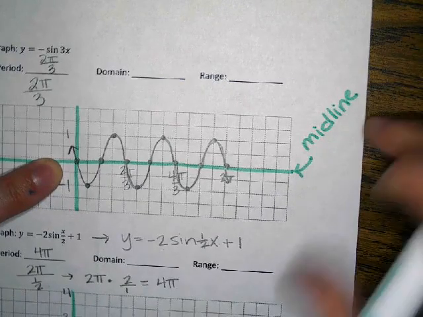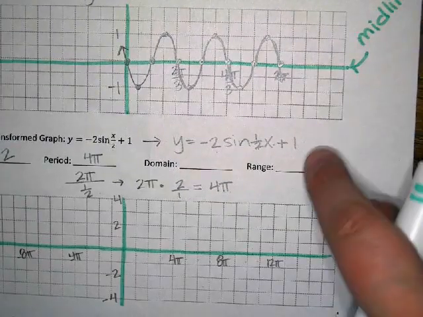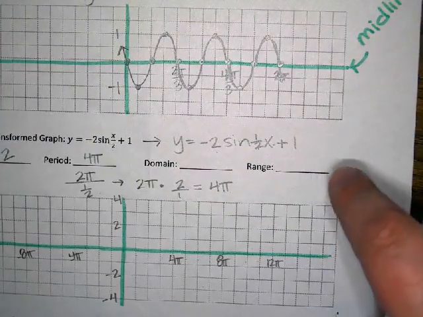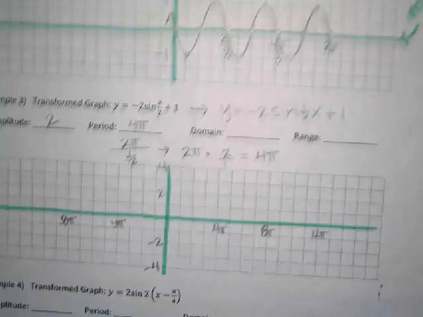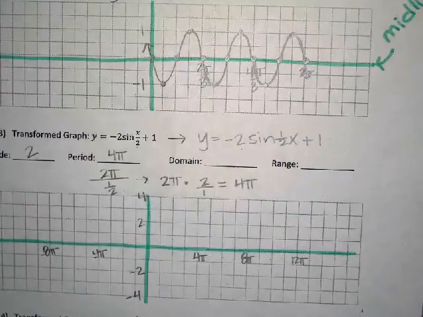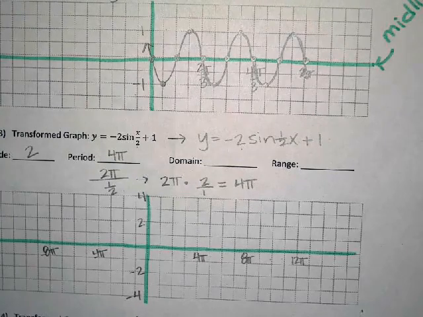So what we're going to do is you can take your marker or your pencil, whatever your preference is fine. I'm going to take my marker and I'm going to draw a dotted line where my midline is going to be. So my midline is up 1, so I'm going to draw a dotted line up 1.